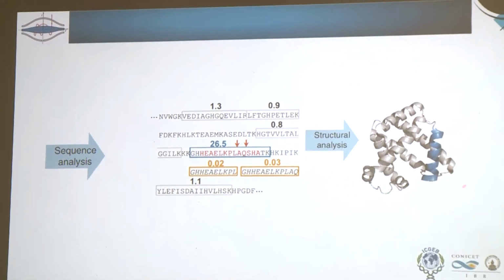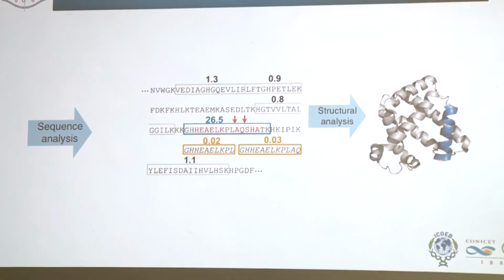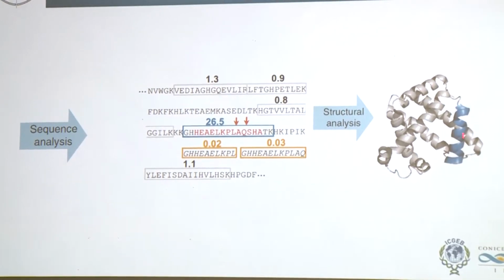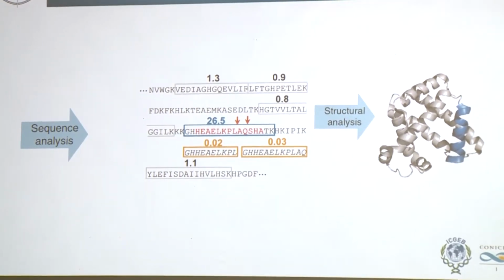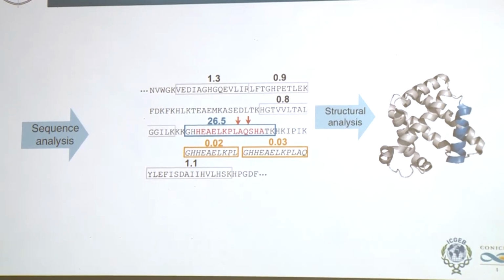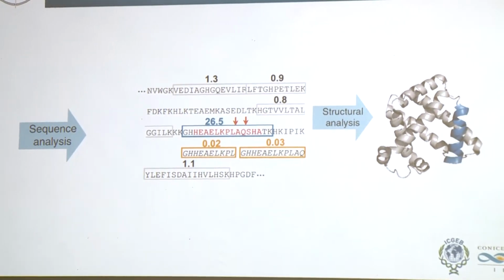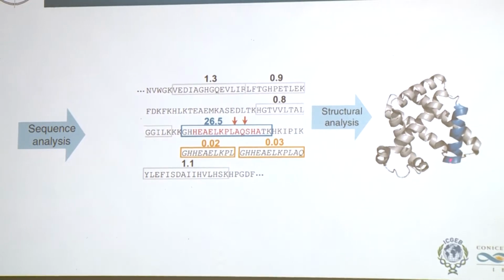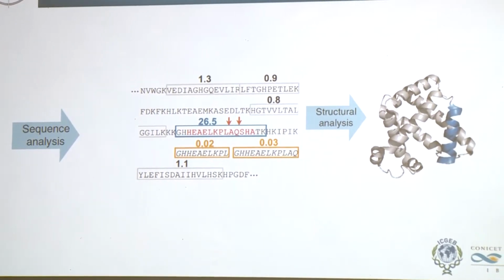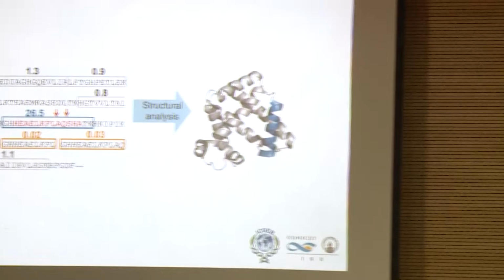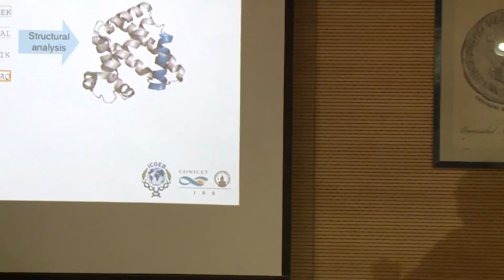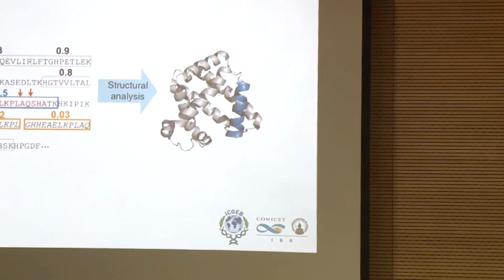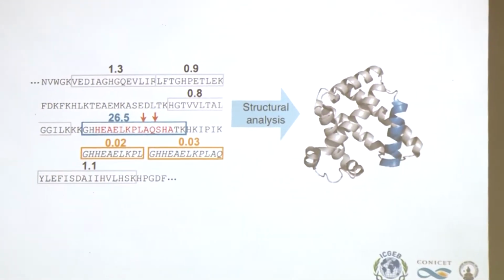the myoglobin has this alpha helix that is affected by the prosthetic group binding. So when you have the heme bound to the myoglobin, this alpha helix is fixed and it's not available for proteolysis. But if you don't have the heme, this alpha helix is mobile and can be cut by the protease.